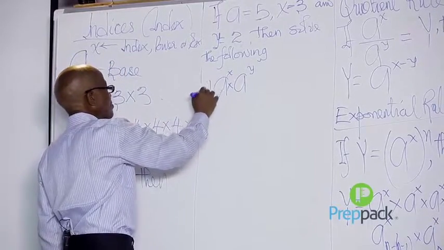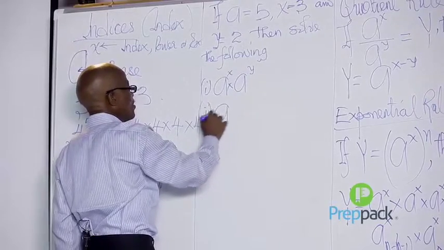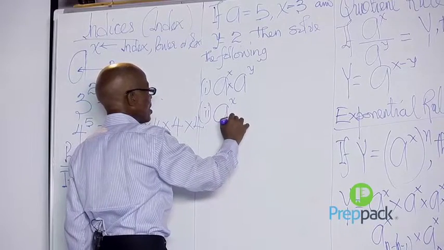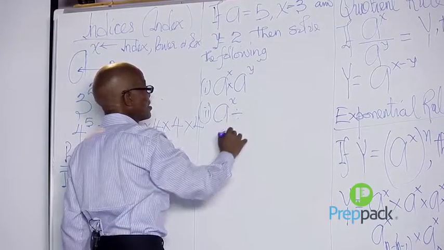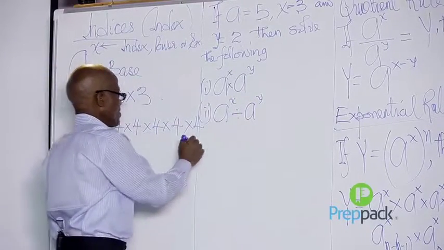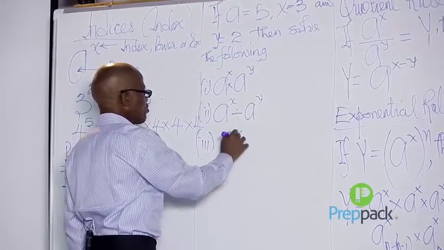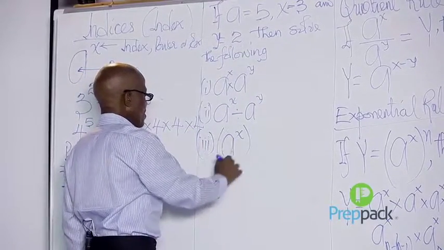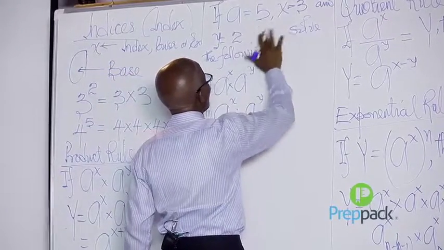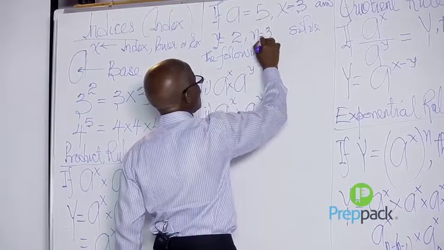Then 2: a raised to power x divided by a raised to power y. And then 3: a raised to power x, everything now raised to power n, supposing that n is equal to 3.